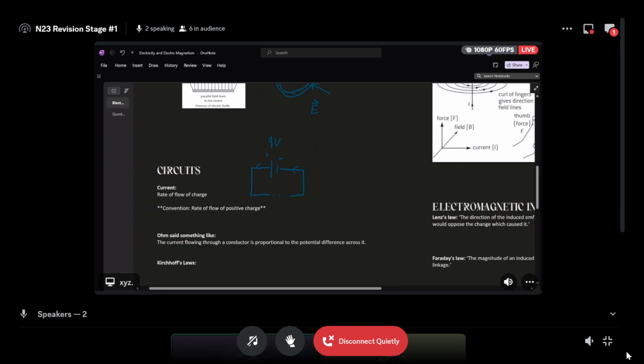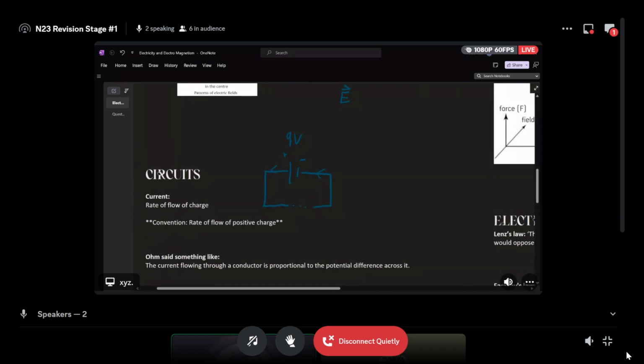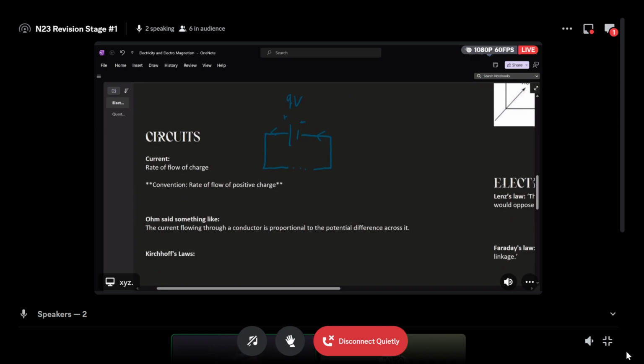Okay. So yes, a circuit essentially uses a power source that has a potential difference, say 9 volts, to create an electric field within the wires and the components. And in creating this electric field, there will be a flow of charge. There will be electrons flowing in the direction opposing conventional current. Conventional current here is what I'm drawing, because it's the flow of positive charge.